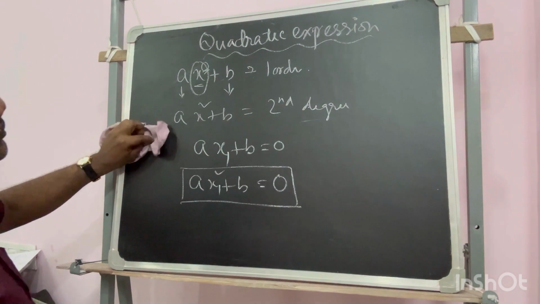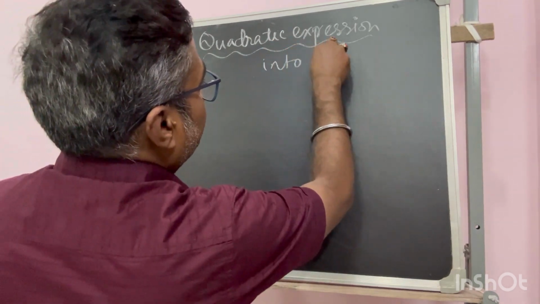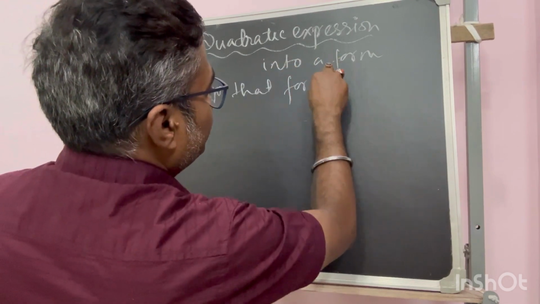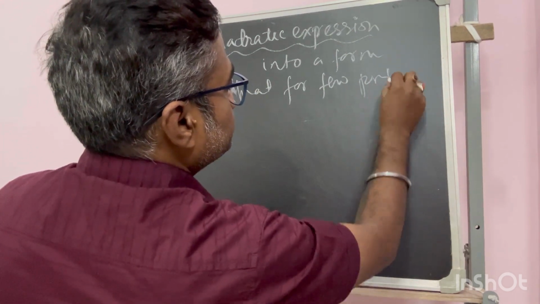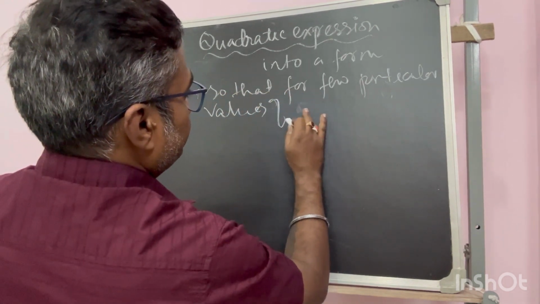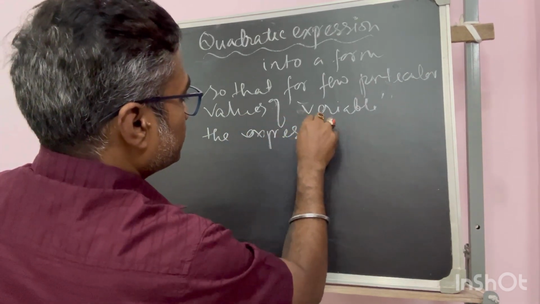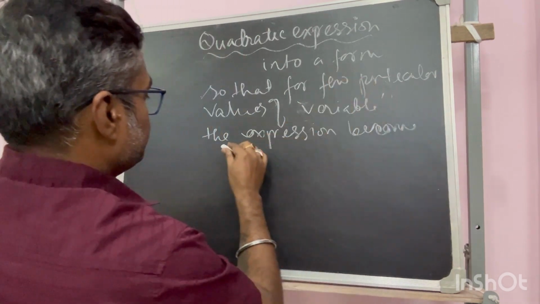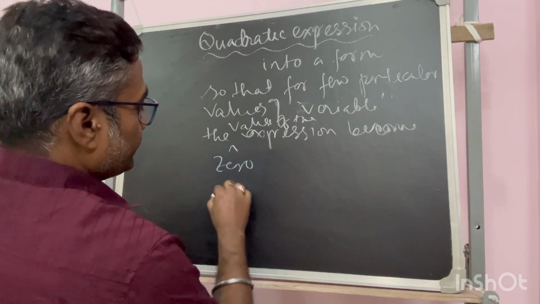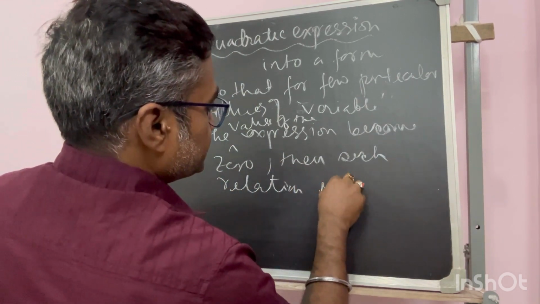Understood? So, specifically, if I turn a quadratic expression into a form so that for a few particular values of the variable the value of the expression becomes 0, then such a relation is an equation.